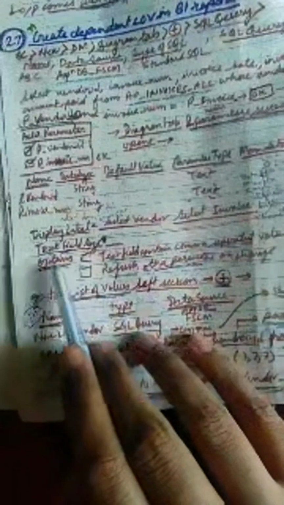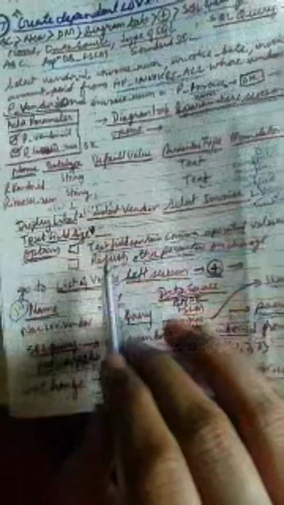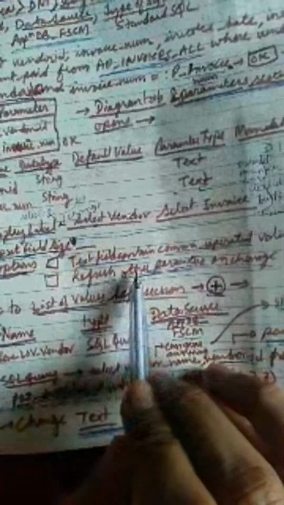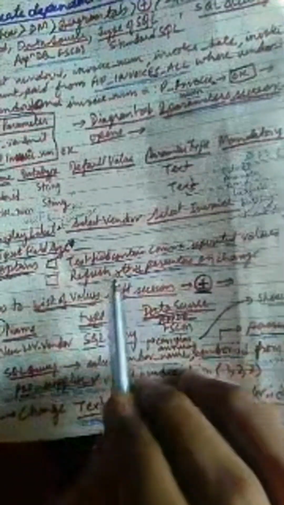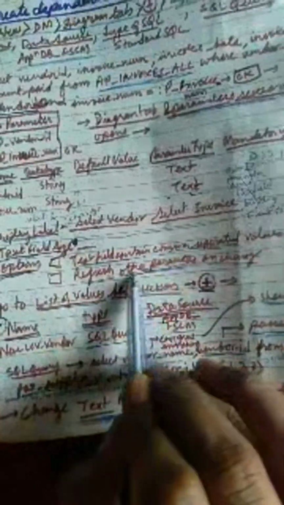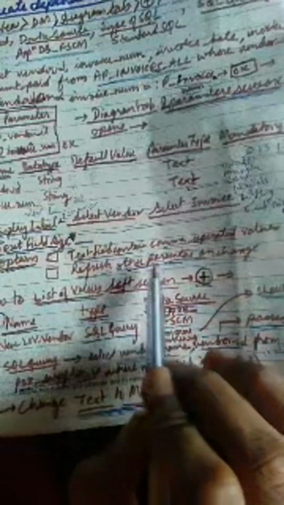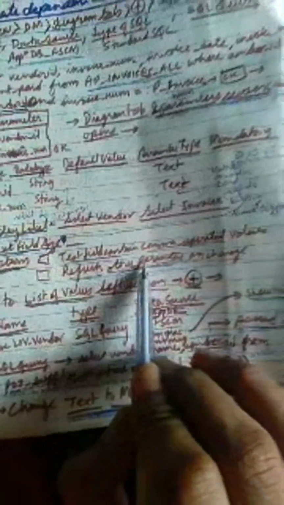Then after the text field size, you also have options. Text field contains comma separated values, and the second one is refresh after parameters on change. This is very important because it's a dependent LOV. If one value changes, then accordingly all the values in the dependent LOV should also change.